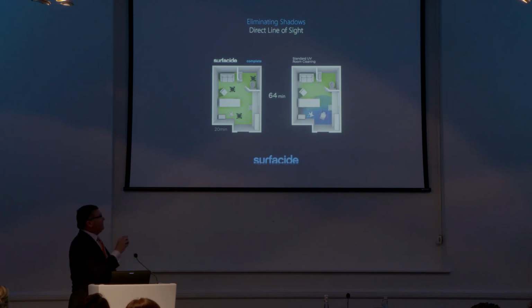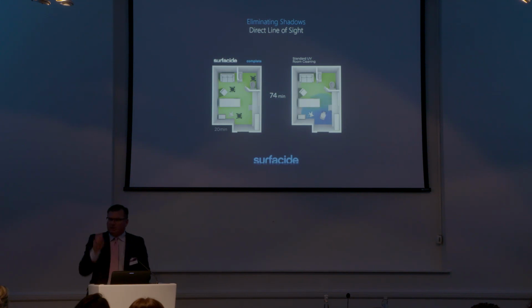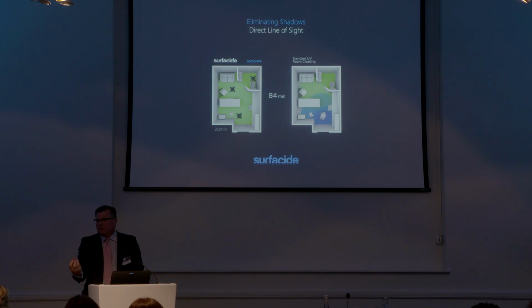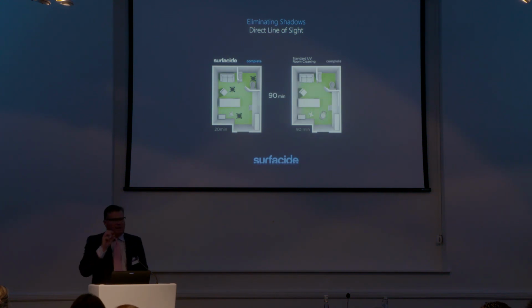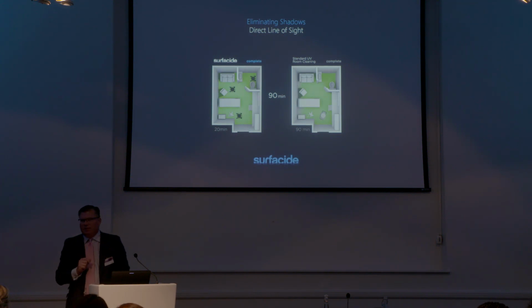So you would have to run it for approximately 20 minutes in one position. Someone would enter the room, move it to position B, run it for 20 minutes, enter the room, move it to position C, and run it for another 20 minutes.